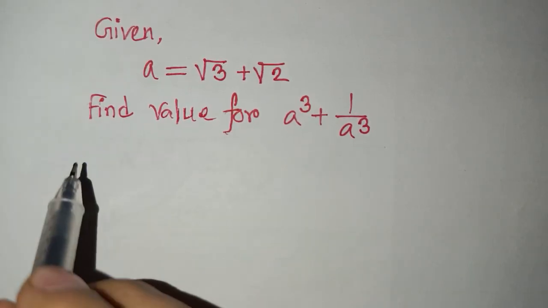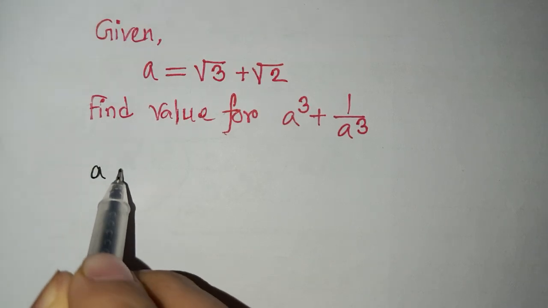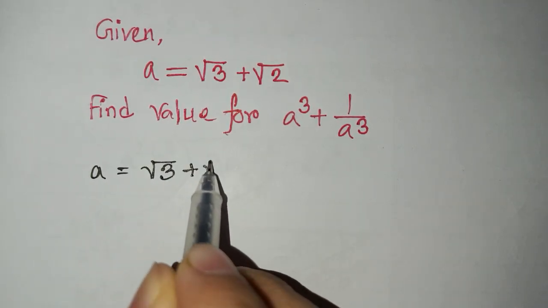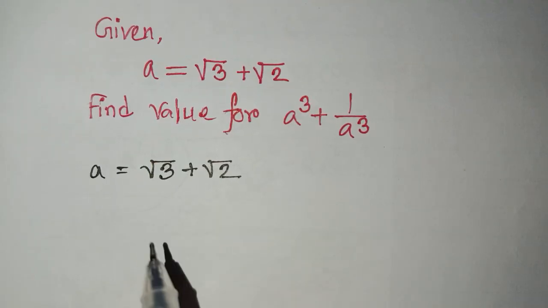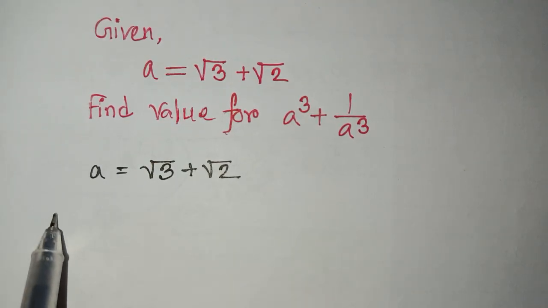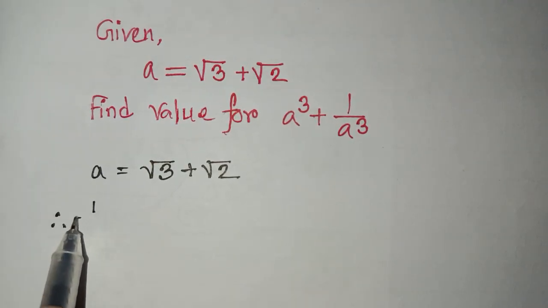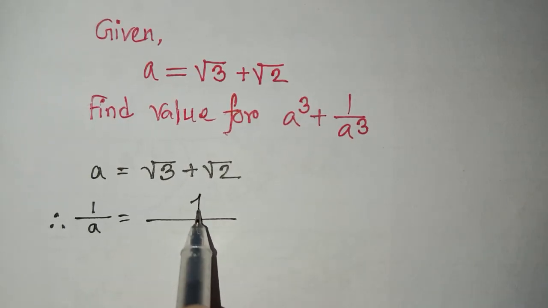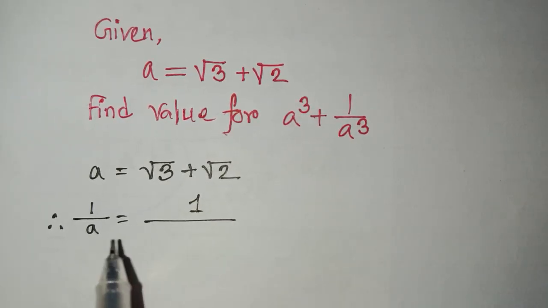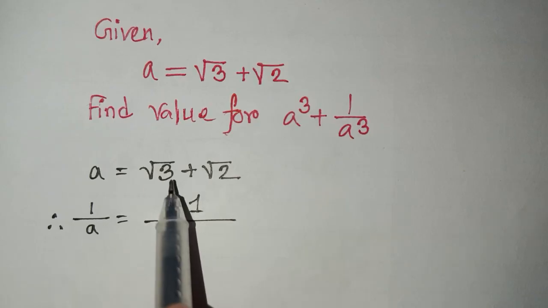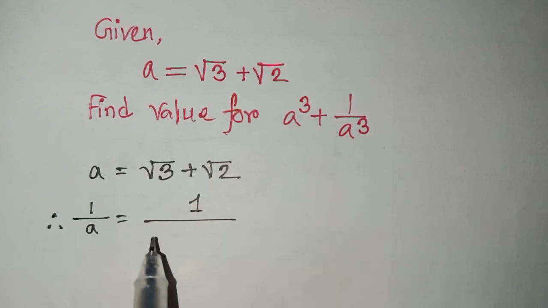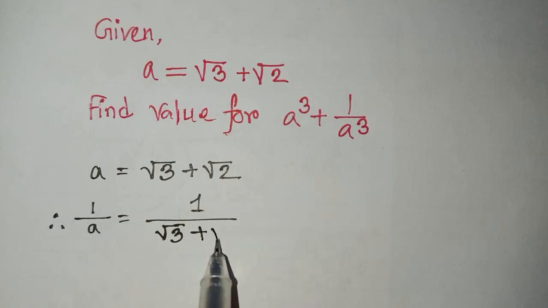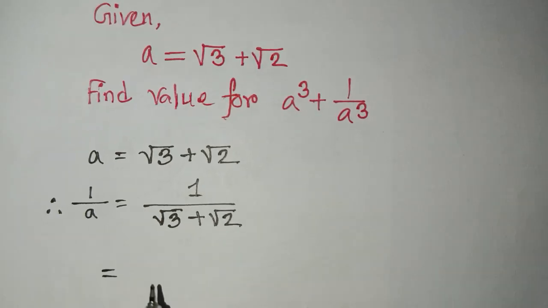Let's see. a equals root 3 plus root 2. So 1 over a equals 1 over, as a equals root 3 plus root 2, so we can write here 1 over root 3 plus root 2. Now what do we do?